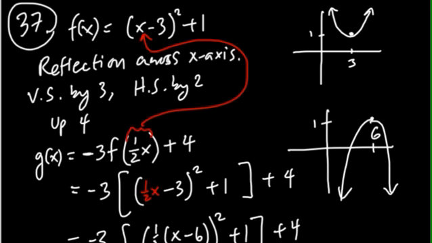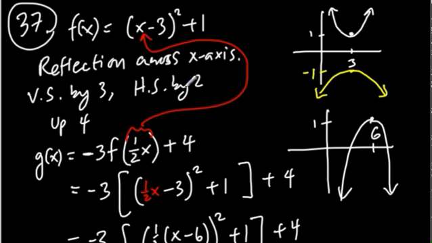So if I reflect this across this axis, this will actually become like that. So this point 3 here stays, but this vertex now becomes (3, negative 1). Then I stretched it by 3, vertical stretch by 3. So that means all the y values will become stretched by 3. So this negative 1 will become negative 3 because all the y values get multiplied by 3.